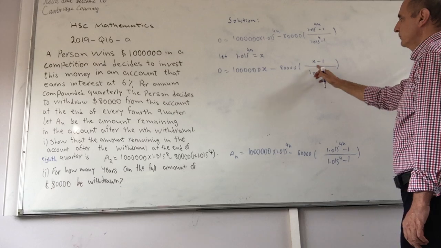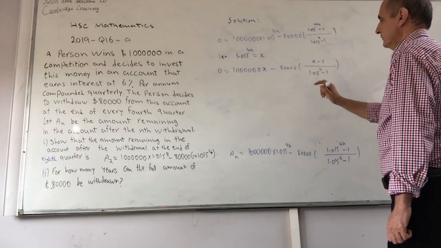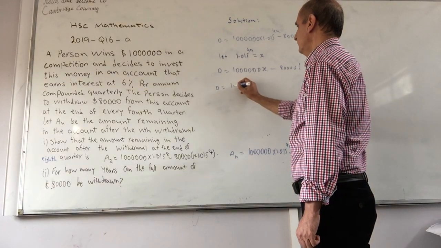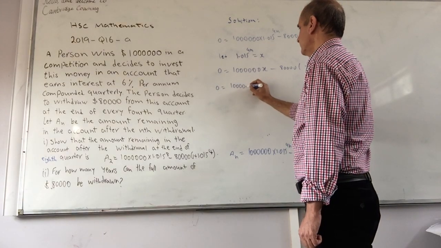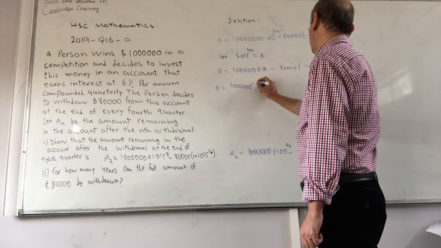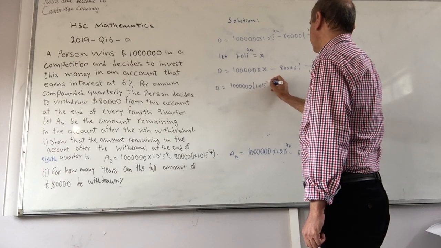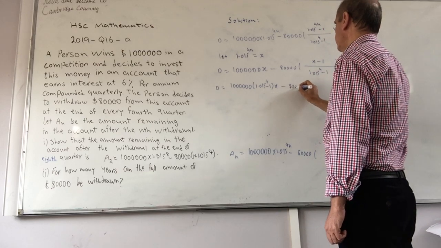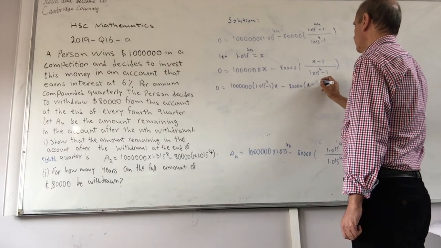Now multiplying both sides by this denominator, it becomes 0 is equal to 1 million times 1.015 to the 4 minus 1, times x, minus 80,000 times x minus 1.